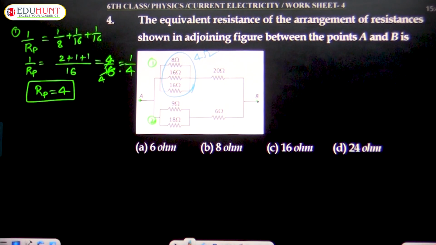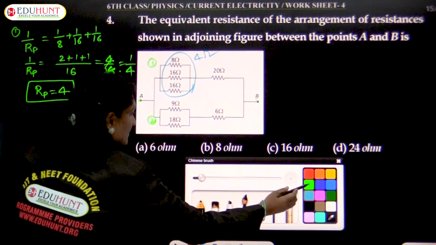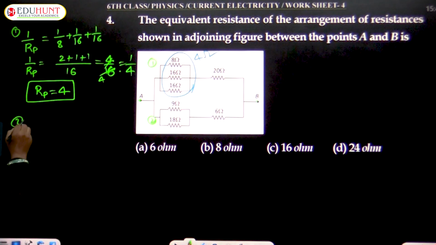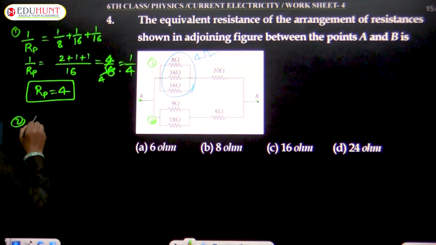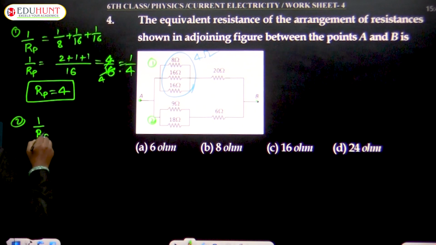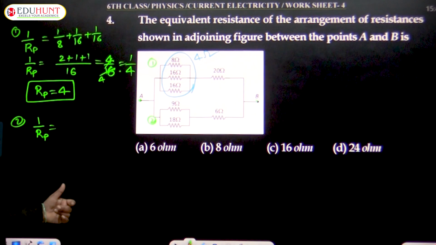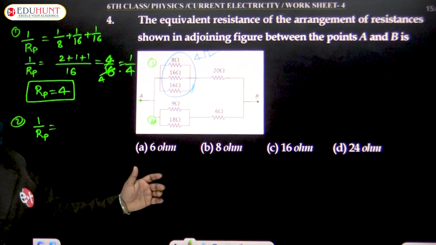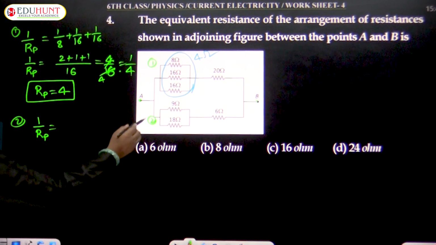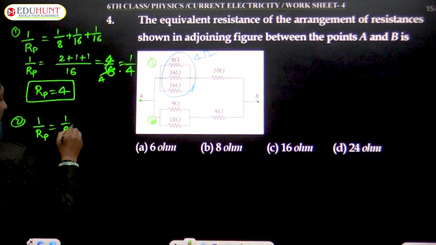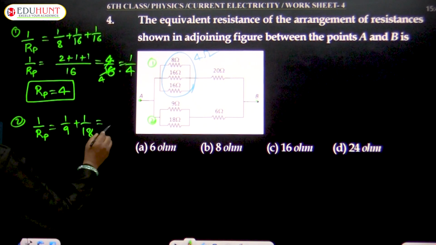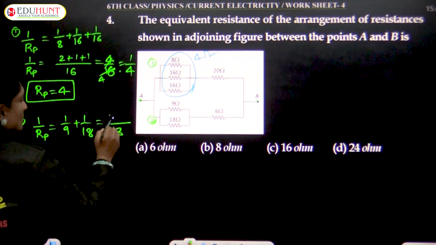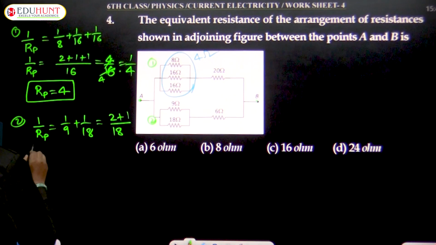Similarly, moving down and solving for the second part, we have again two resistors connected in parallel, unequal resistances connected in parallel. The formula is 1 by Rp equals 1 by R1 plus 1 by R2. So 1 by R1 is 1 by 9 and here it is 1 by 18. The LCM for this is 18, 9 goes 2 times and 18 goes 1 time.